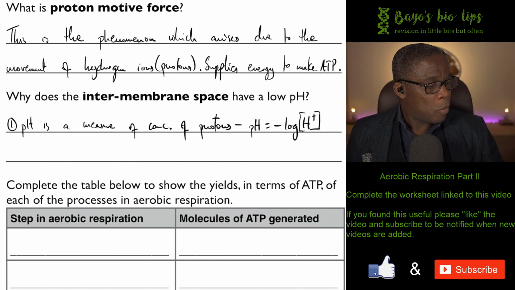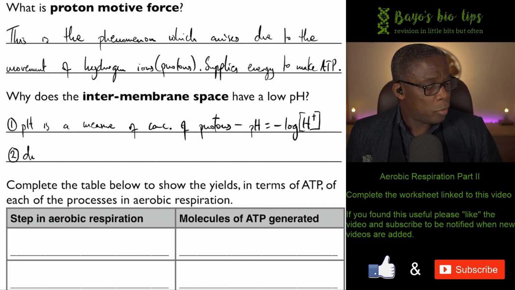Okay, so why is it that the intermembrane space has a low pH? Well, the reason why is because we've accumulated hydrogen ions within the intermembrane space. And as I said to you before, the pH is an inverse log of the concentration of hydrogen ions. And as a result, you're going to end up with a figure for the pH within that area, the intermembrane space, being closer to the acidic end of the pH scale.